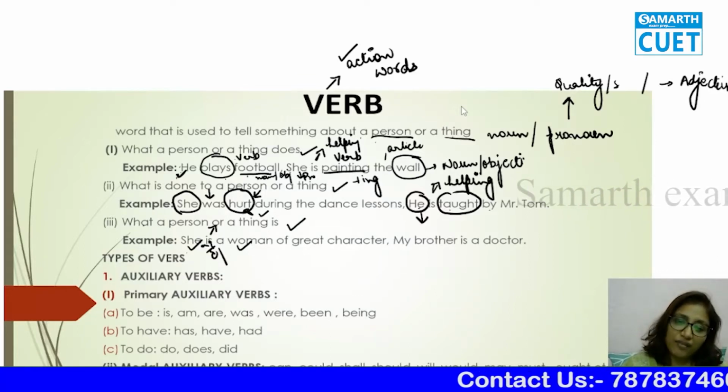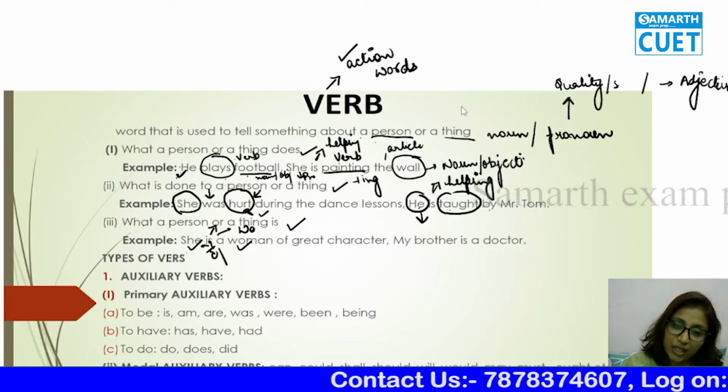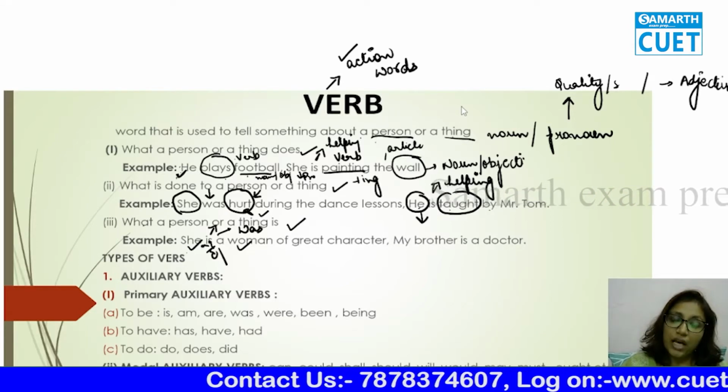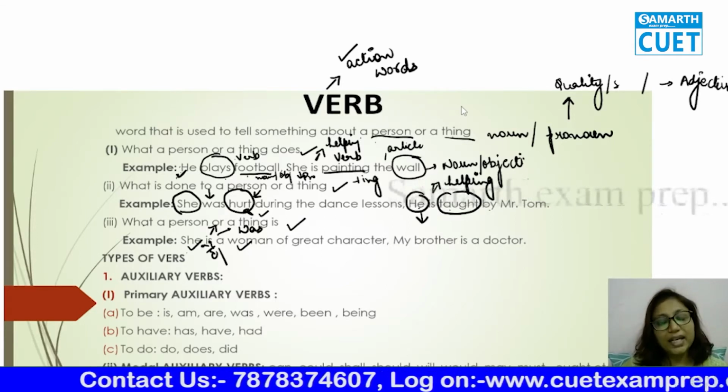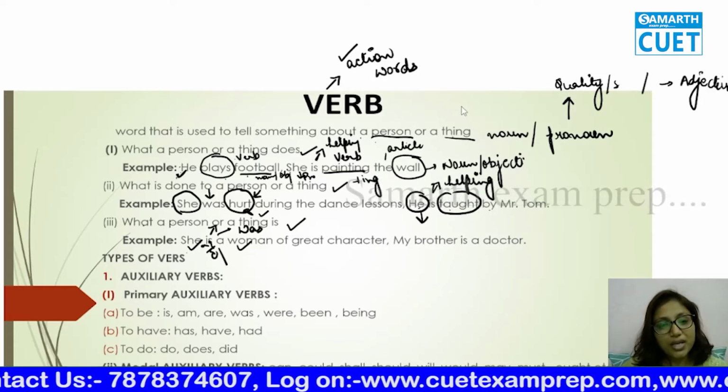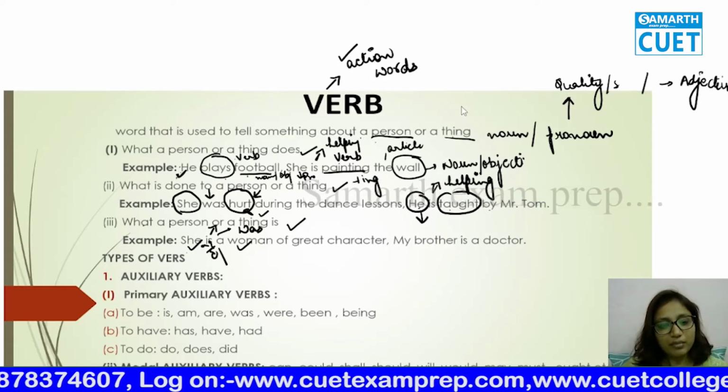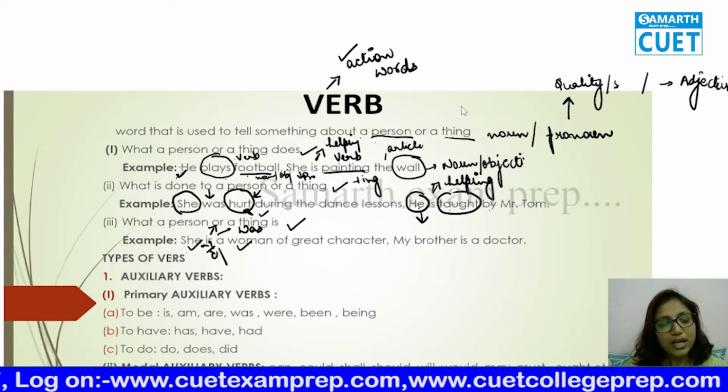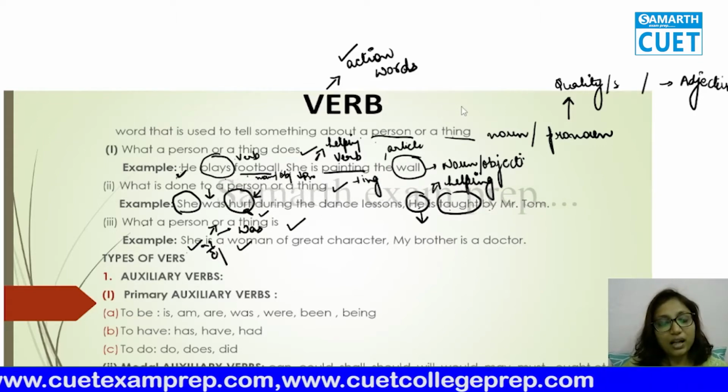If I would have used was, तो इसका मतलब वो थी लेकिन अब नहीं है. She was a woman of great character. That means वो एक बहुत ही अच्छे चरित्र की महिला थी.